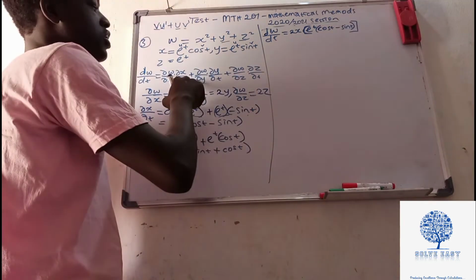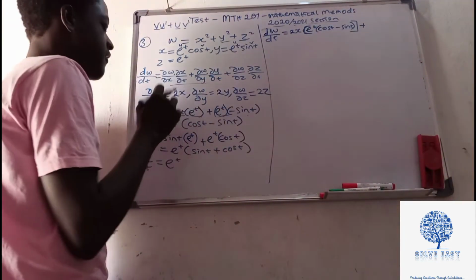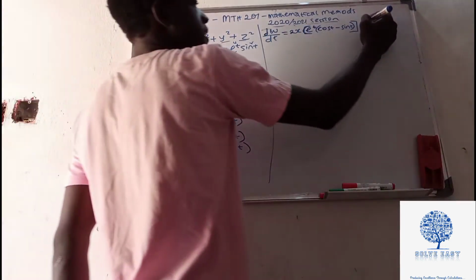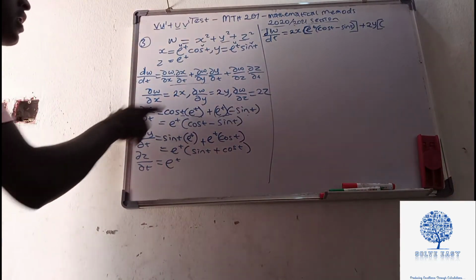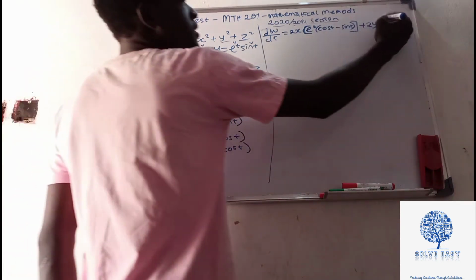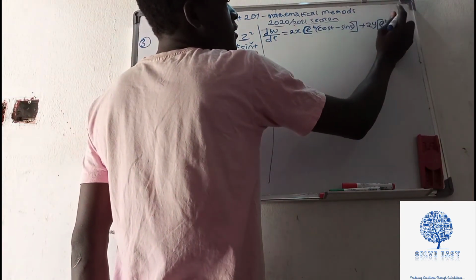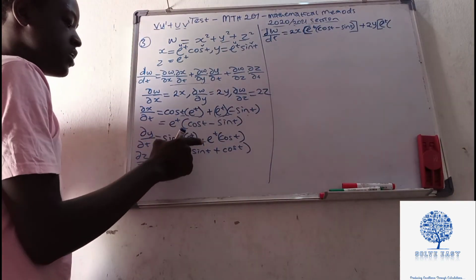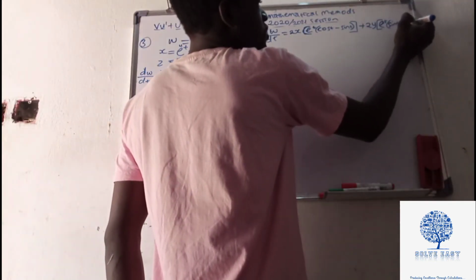Now plus dw/dy, which gives us 2y, times dy/dt, and our dy/dt is given as e^t (sin t plus cos t).